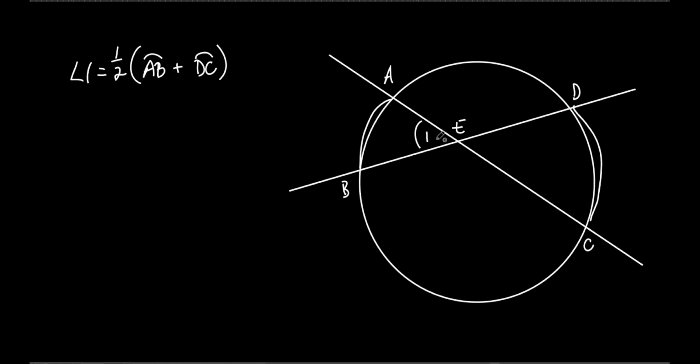It's not a central angle, but it's an angle formed by two secants that intersect. I like how you said it: two intersecting secants. So if you have that situation, the angle that's formed is equal to the average of those two arcs that it cuts off. You just add them up, divide them by 2.